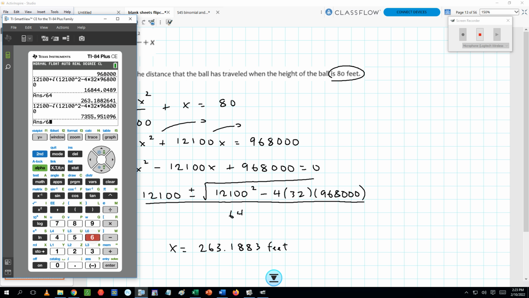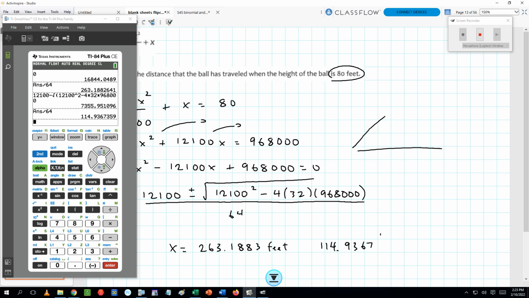Divide that by 64. And you know why I'm getting two answers? Because I'm going to hit 80 feet high when the golf ball goes out and it's on its way up, and when the golf ball is coming back down, and that would be that first answer, 114.9367.